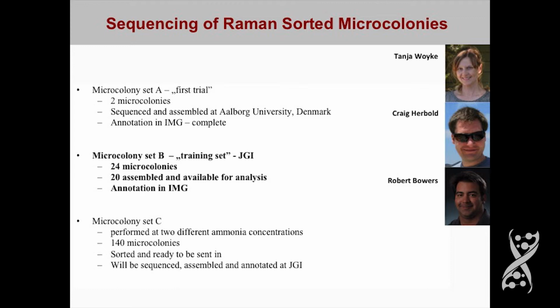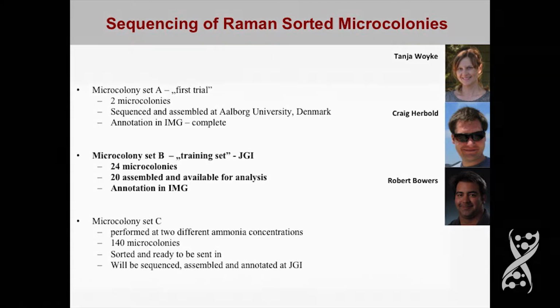And then we went on by performing 2 different incubations with 2 different ammonia concentrations and isolated 140 microcolonies, which we are about to send to the JGI. And these great bioinformatics guys did a bunch of analysis on the data set that already exists, and I will show some of it next.